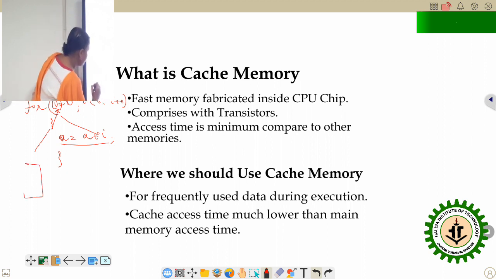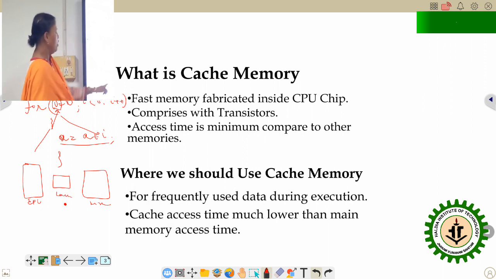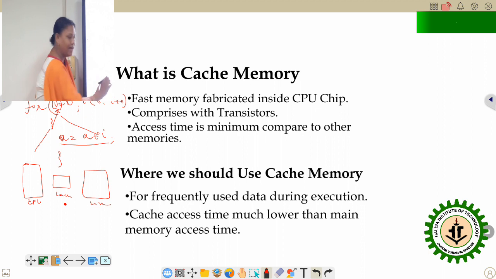Why does this concept come? If we consider this is a CPU and this is our primary memory, that is the main memory, the cache memory is placed between the CPU and the main memory.